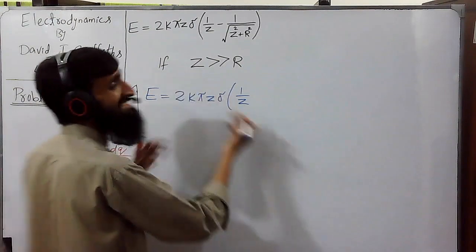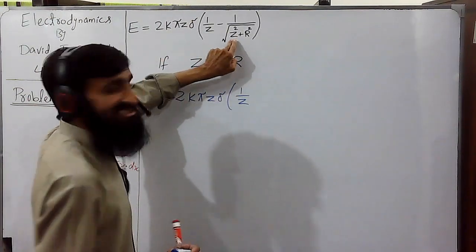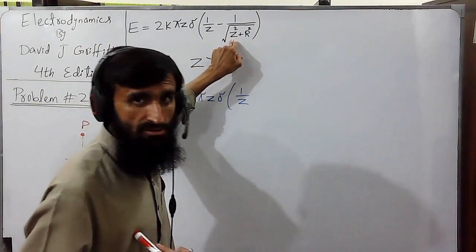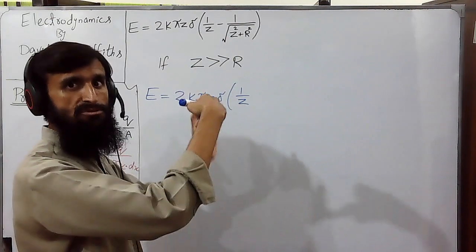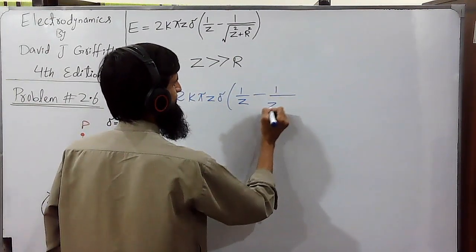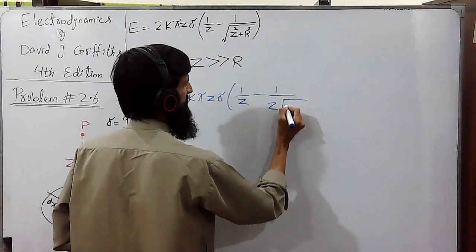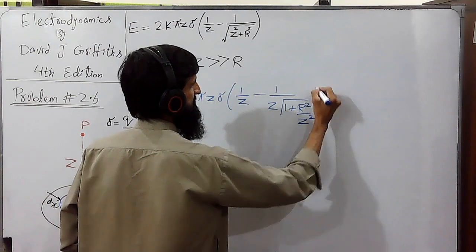Now in this case z is very very large, so this z square will be taken as common and then brought outside the square root. So finally it becomes 1 by z, and then square root of 1 plus r square divided by z square.